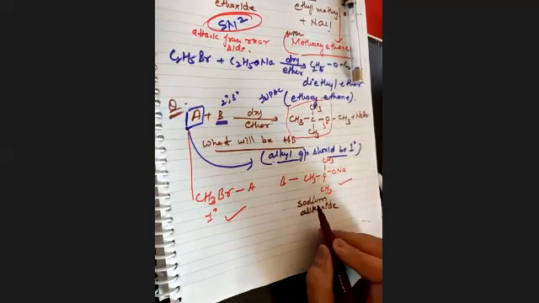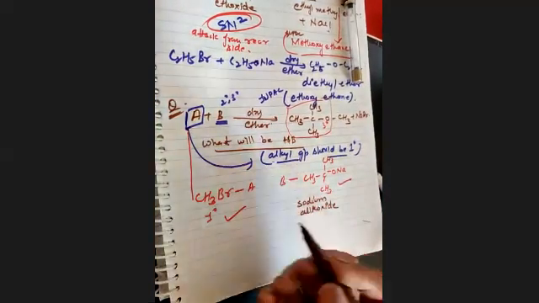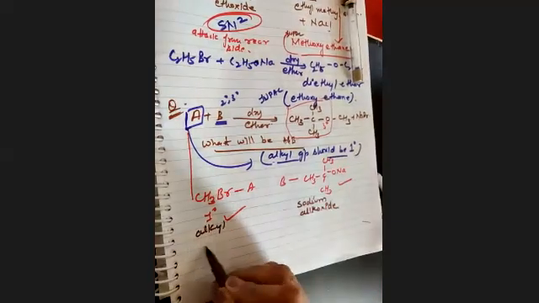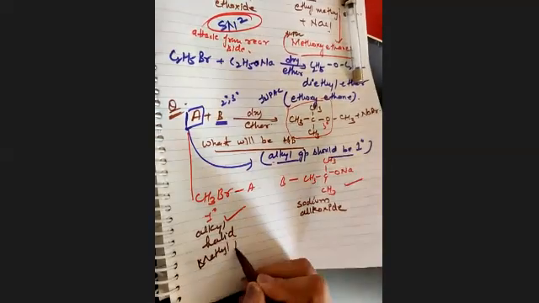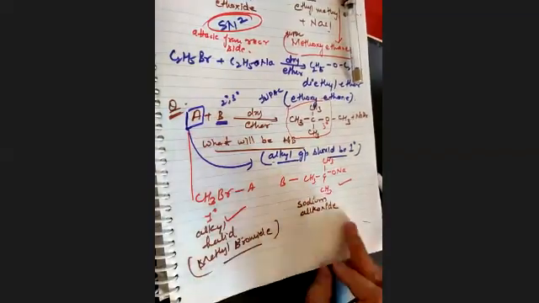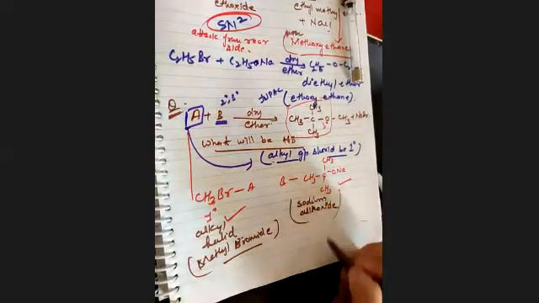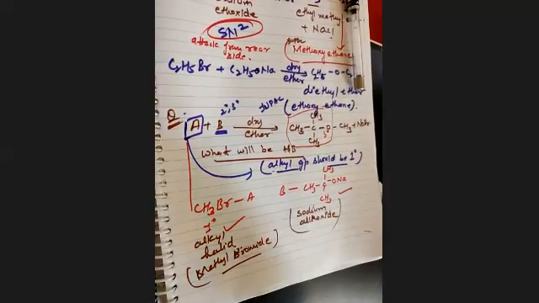So this is sodium alkoxide and this is alkyl halide. And alkyl halide means methyl bromide. For now this is methyl bromide. Clear? This thing is clear? Very good, Akshita. So let's just go to the next.